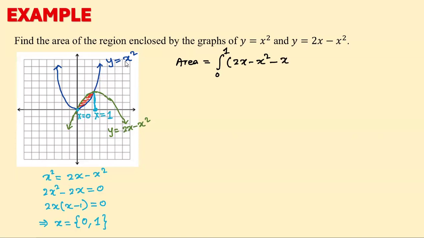So I'm subtracting that and integrating with respect to x. Before I integrate, I'm going to combine the like terms. So that will be 2x minus 2x squared dx.